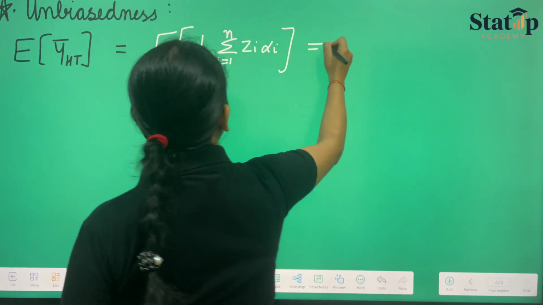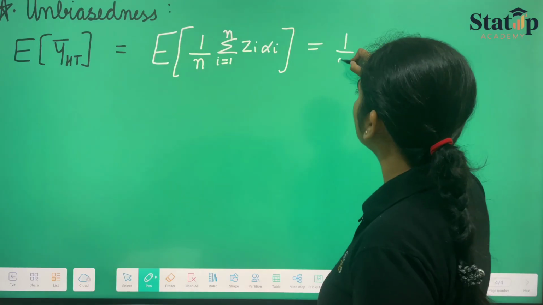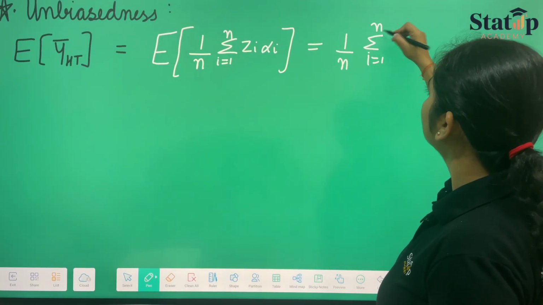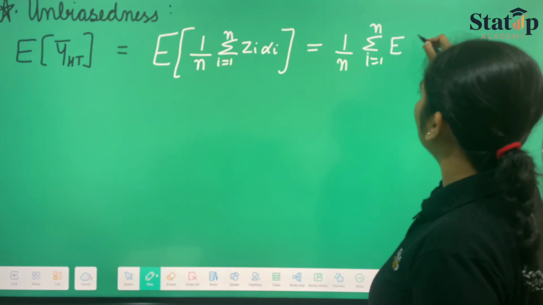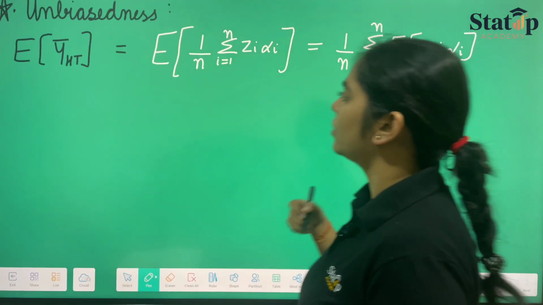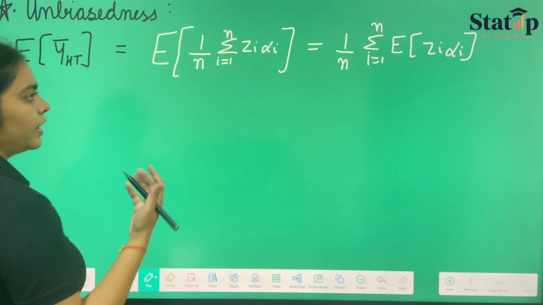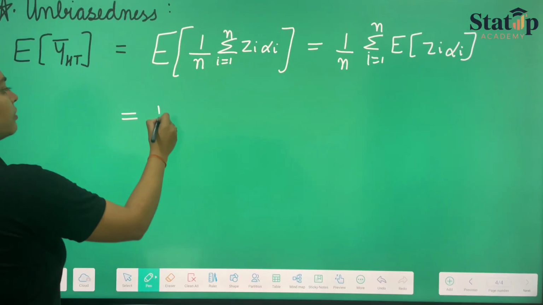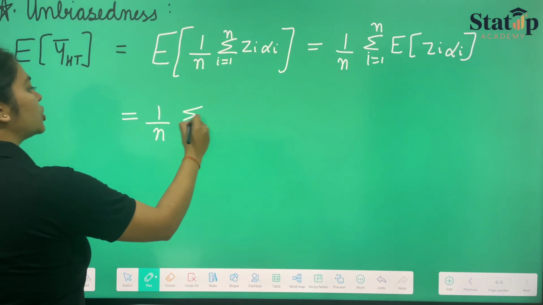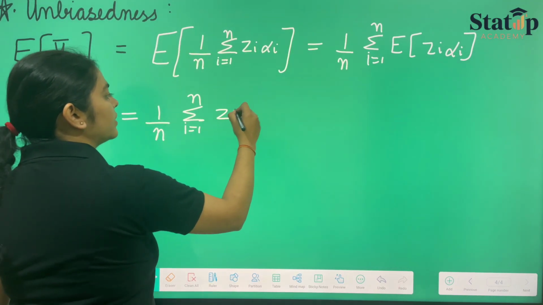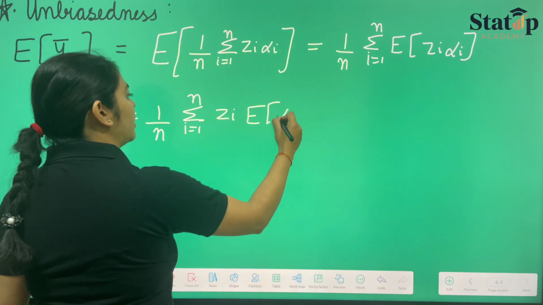Taking the constant outside, we are left with summation i goes from 1 to n expectation of zi alpha i. Now zi can also be taken out because here we are taking the expectation of alpha i only. So it will be 1 upon n summation i goes from 1 to n zi expectation of alpha i.